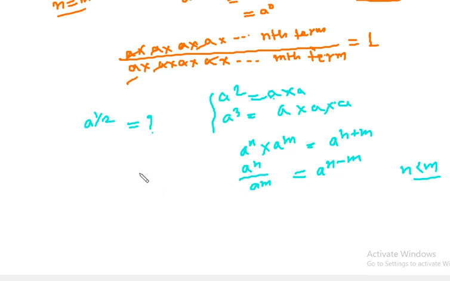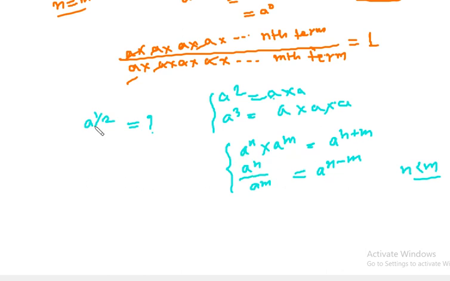Then we accept that if we write any power on any number, we will accept that interpretation of that power of the number that validates these formulas.